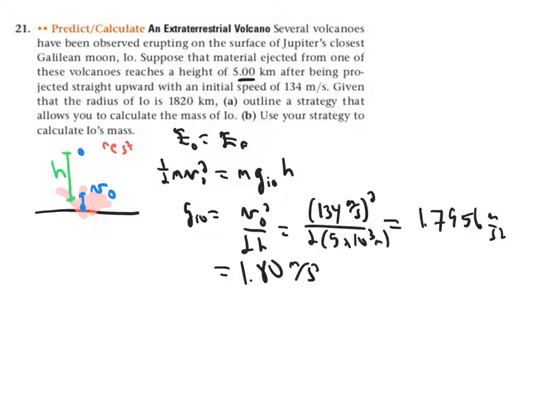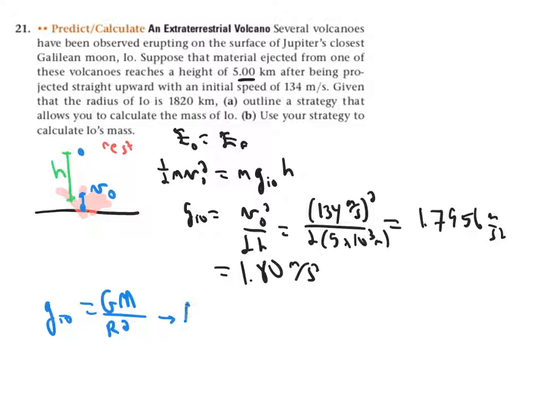And then we're going to go back and say, well, where's that coming from? Well, we know the surface gravity on any planet, or moon in this case, is G times the mass of that moon over the size of that moon squared.